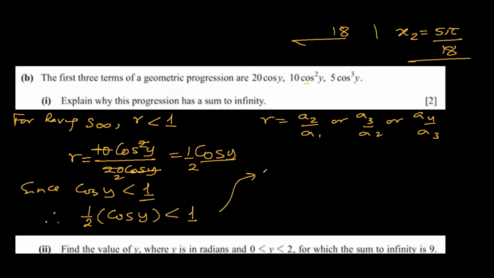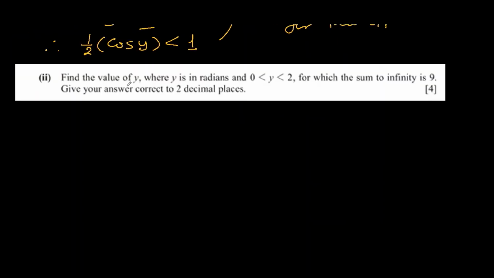And that's why the sum to infinity exists for this GP. Alright, there is one more part of this. Find the value of y, where y is in radians between 0 and 2, for which the sum to infinity is 9. Correct to two decimal places.